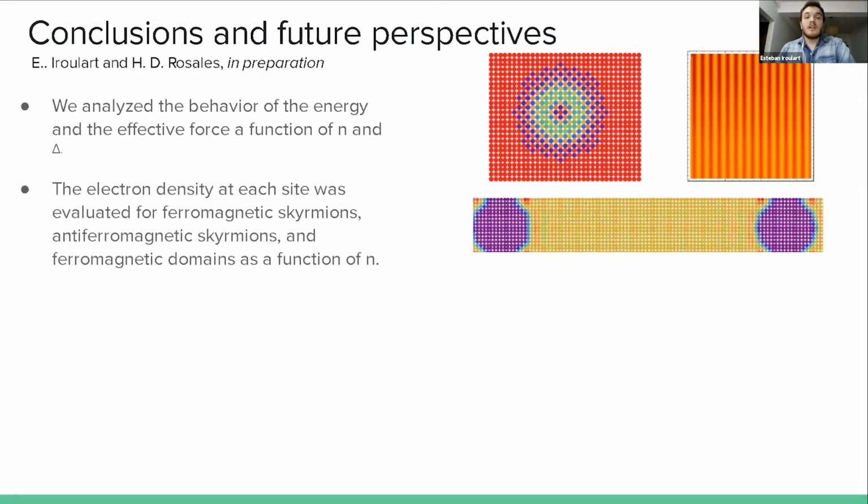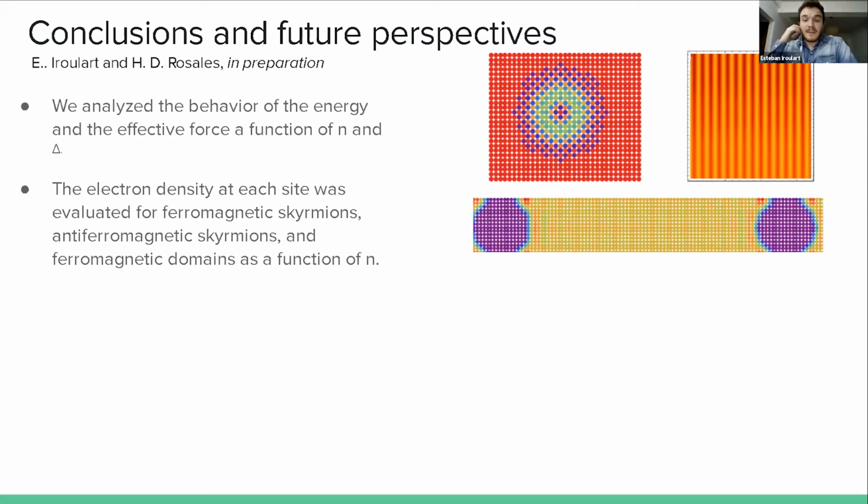Then we calculated the electronic density in each site, and we saw this hard core state that antiferromagnetic skyrmions form. And again, we can highlight the antiferromagnetic skyrmions as promising candidates for electronic devices.